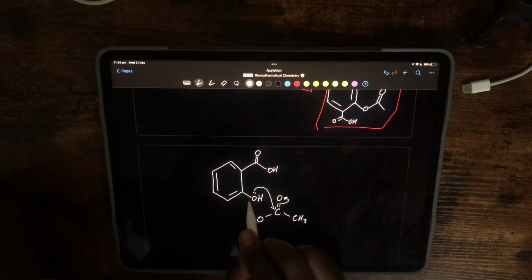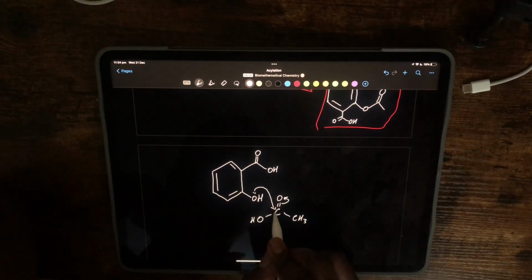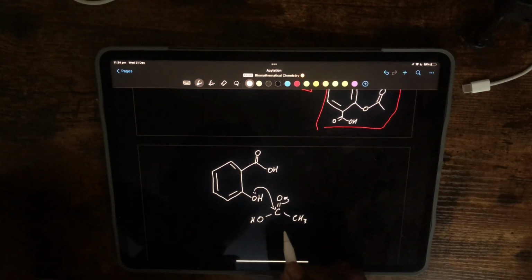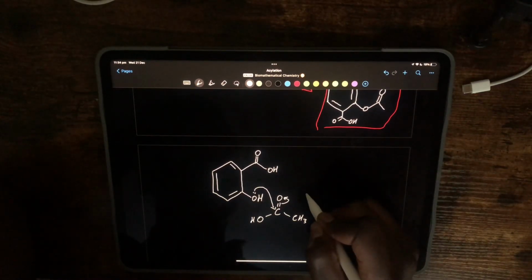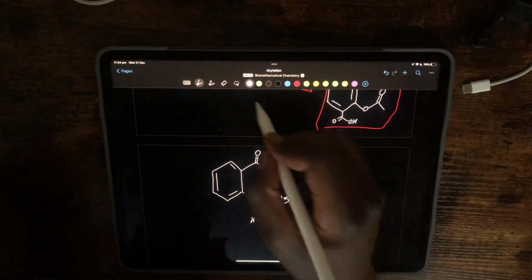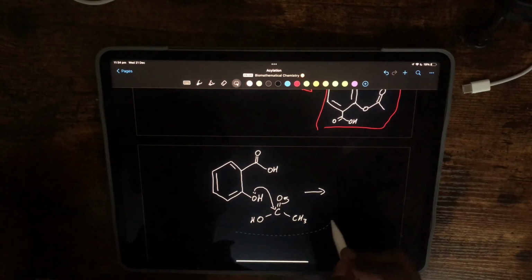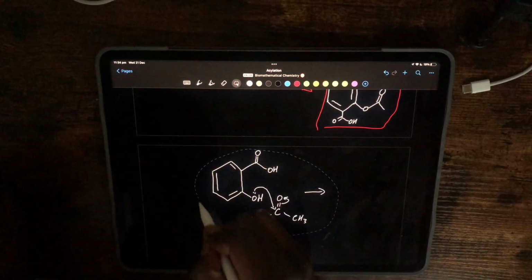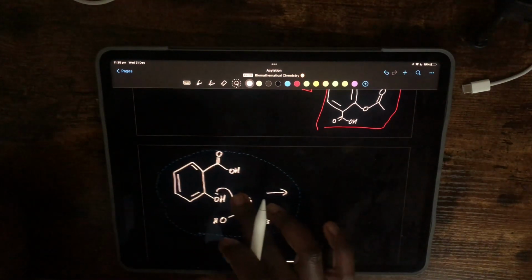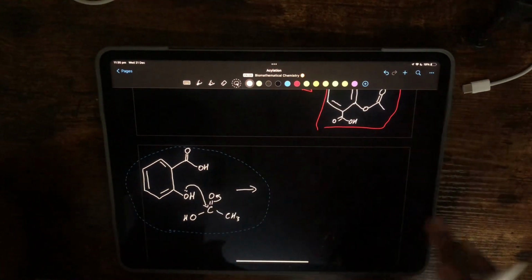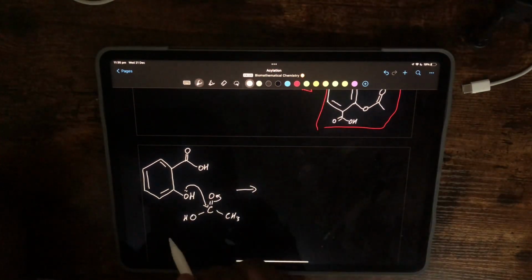Remember, as I said before, the nucleophile goes to the central carbon atom here. I should have done this in the center. Can I move this? I can. Beautiful. That goes to there.